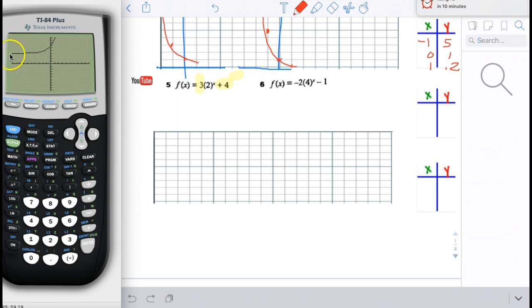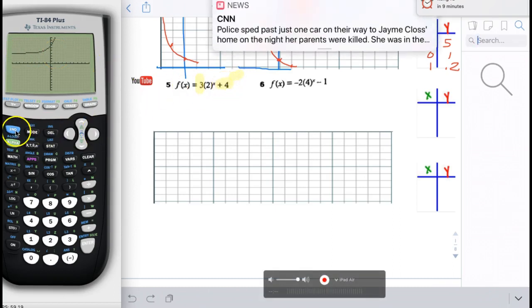It's a horizontal, imaginary horizontal line that the function gets closer and closer to, but never touches. Okay, so the asymptote here would be at the height of 4. Okay, and you notice that here there is a 4. Okay, let's look at the table to get some points here.